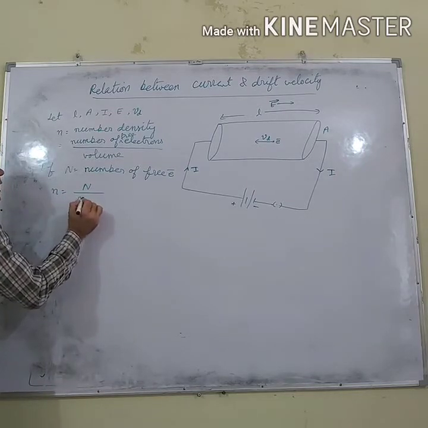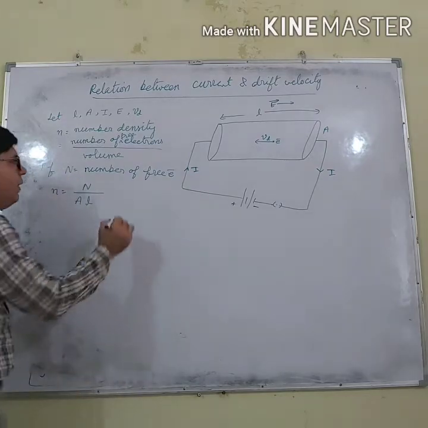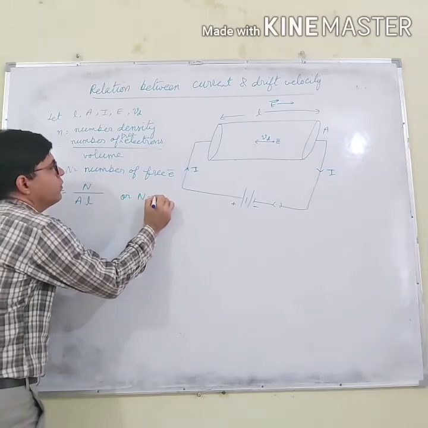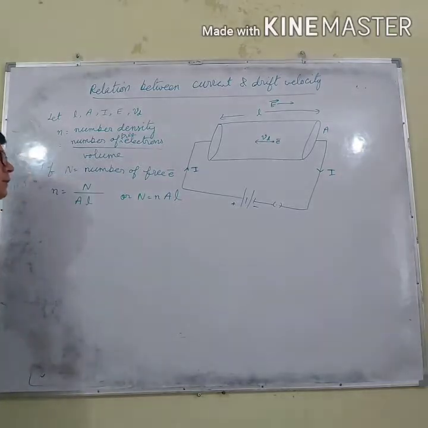Volume is area multiplied by length. So what I got is N equals small n A l.